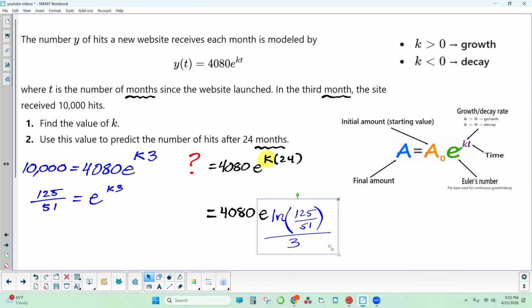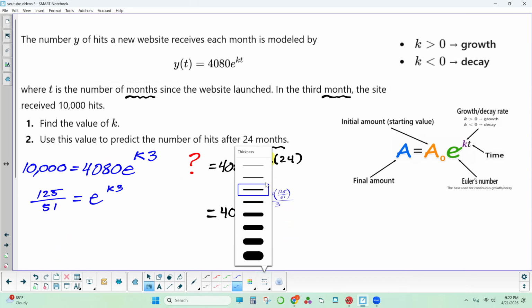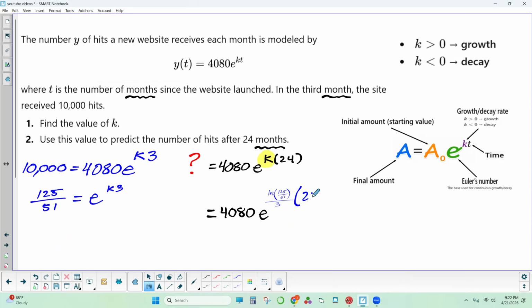That goes in for k. That is my rate, and of course, that gets multiplied by 24. That's going to give us the number of hits that we can predict after 24 months. Again, this log divided by 3 is our rate, times 24 months.